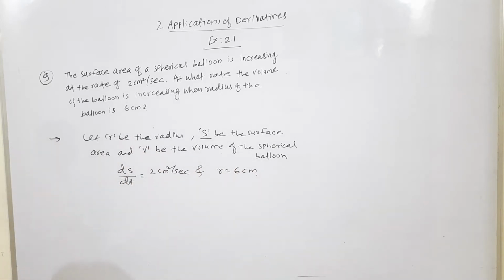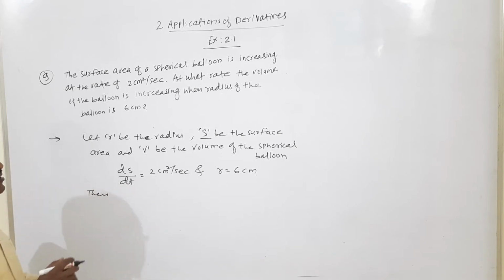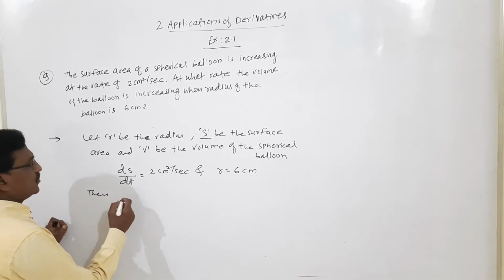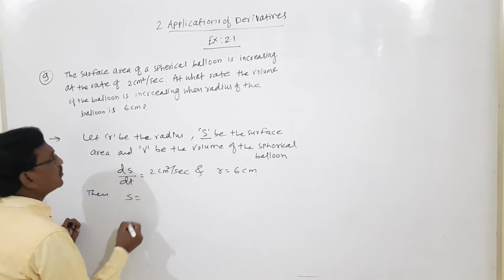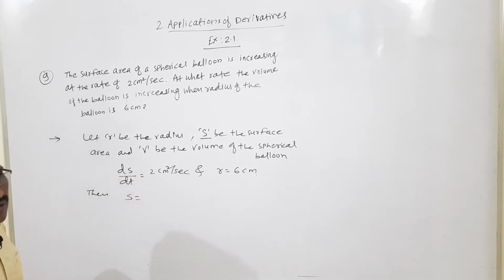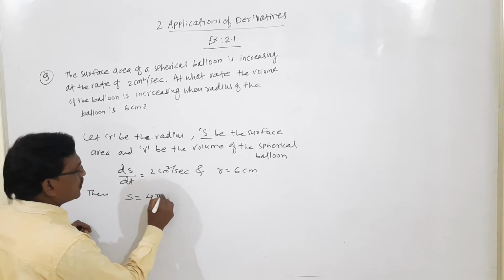Now we know that the surface area of the sphere is S equal to 4 pi r square.